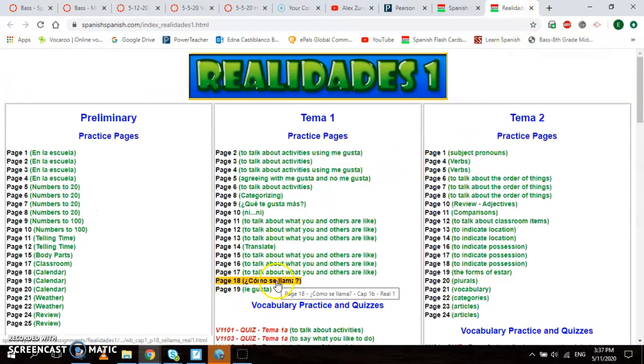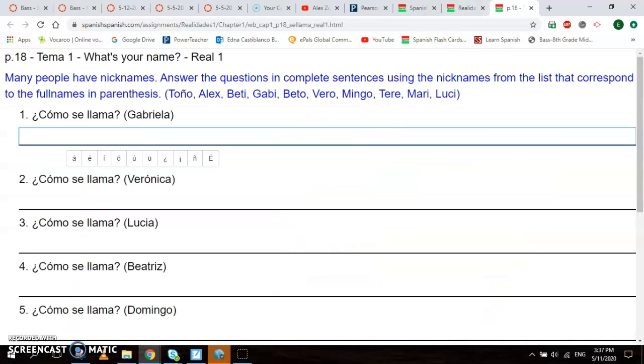And then, ¿cómo se llama? You're going to say somebody's name. This one is a little tricky. You're going to have to figure out what the nickname for these names are. So you have the nicknames here, and you're going to try to figure out what the nickname for this one is. For example, ¿Cómo se llama? So what is her name? Because her name is Gabriela.